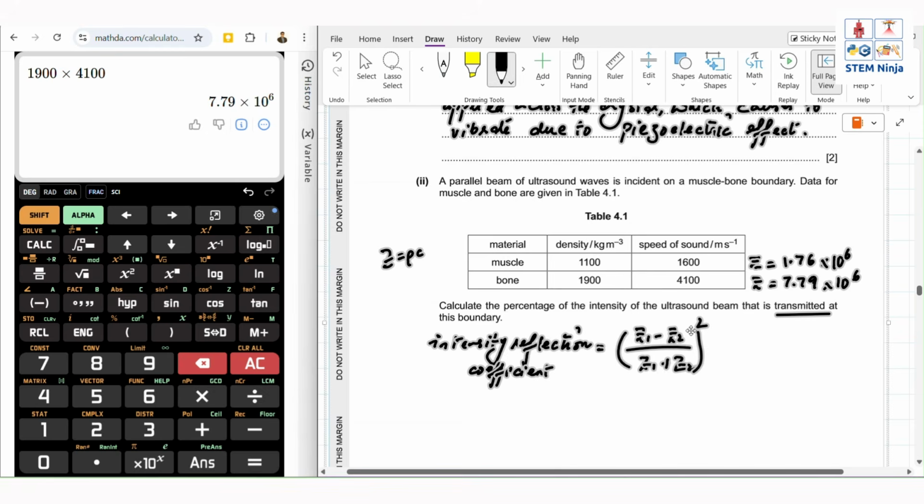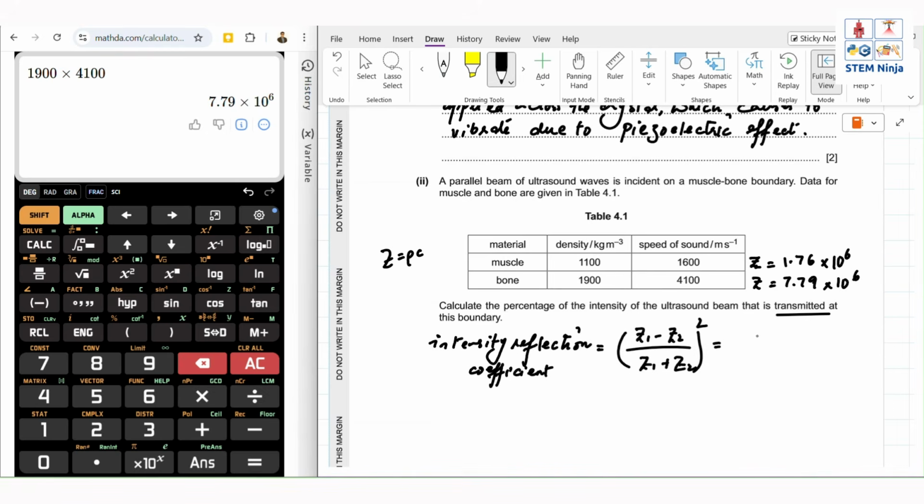So (7.79 minus 1.76) × 10^6, whole squared, divided by (7.79 plus 1.76) × 10^6, whole squared.